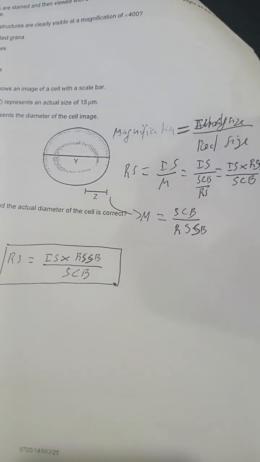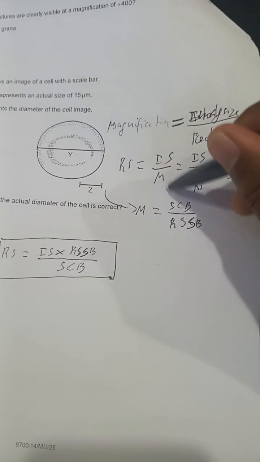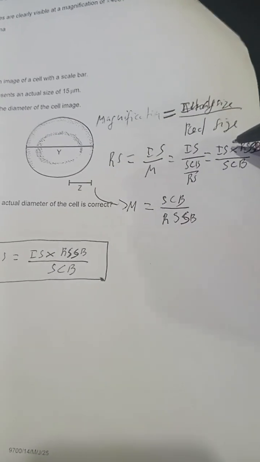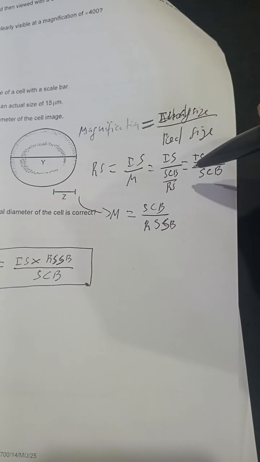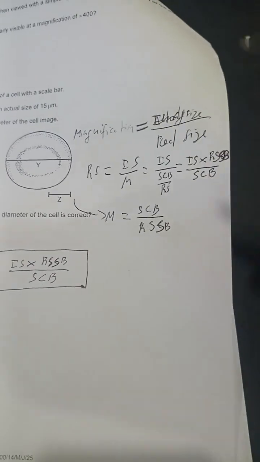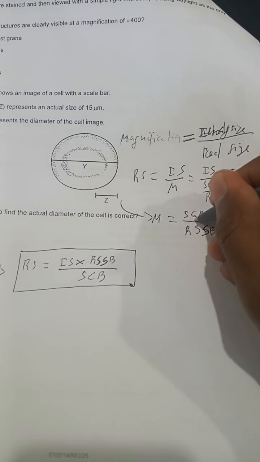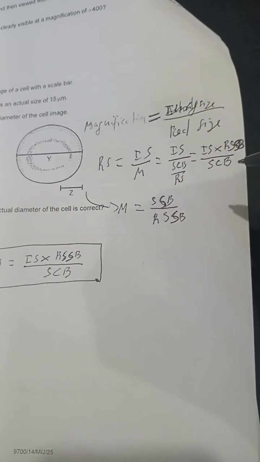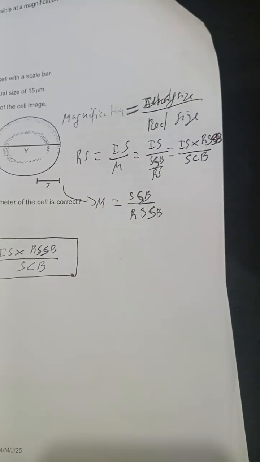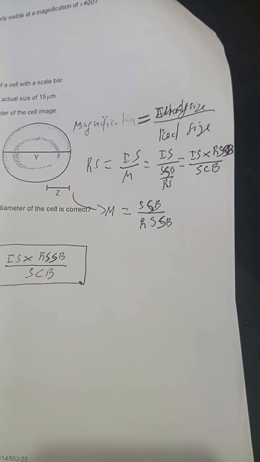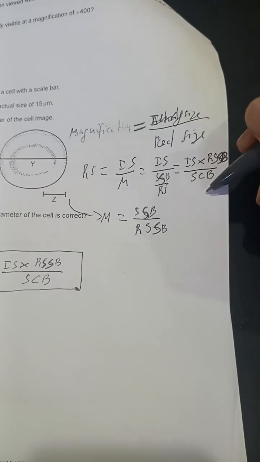You take this and substitute it in this formula here. You're going to get image size over size of the scale bar. Actually this is supposed to be S, not C. Size of the scale bar, right? So image size over the size of the scale bar over real size.